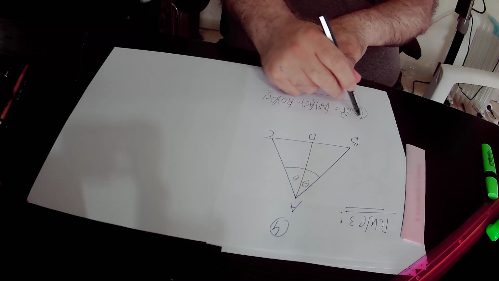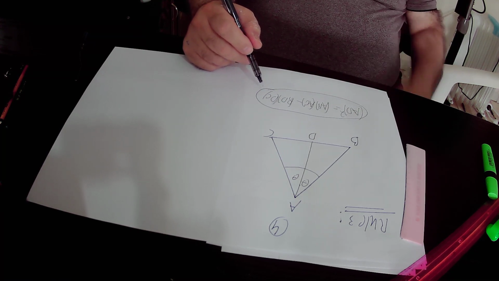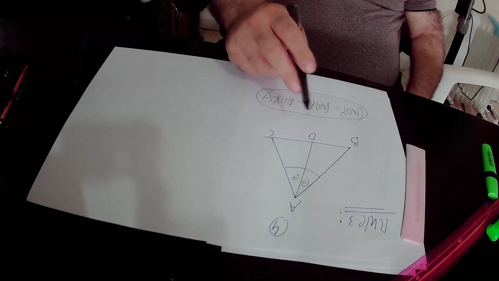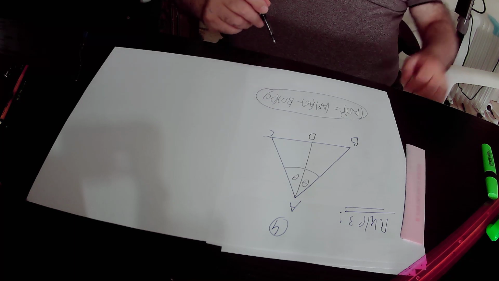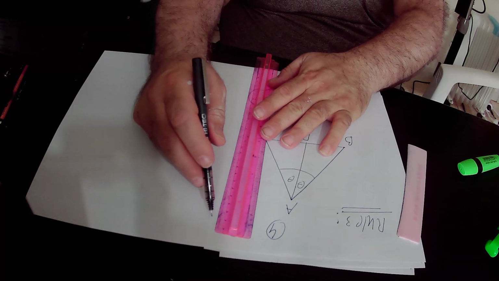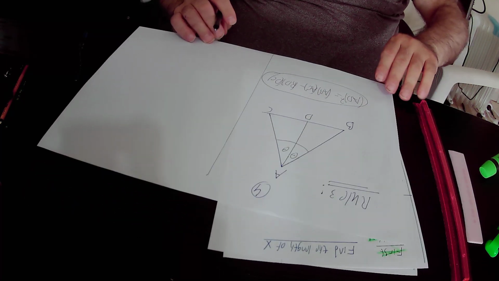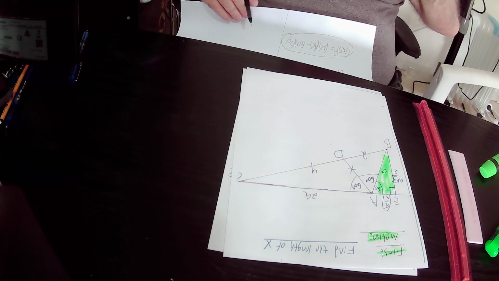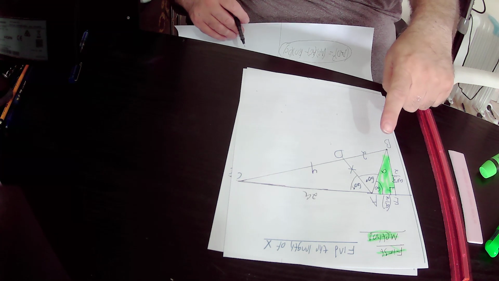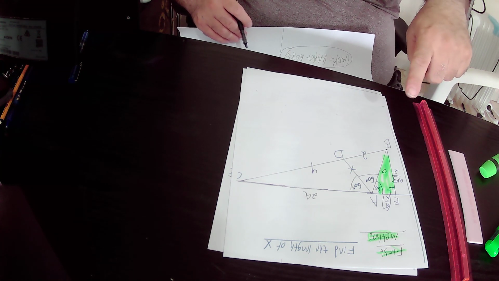I'll repeat again. When we have in triangle ABC the angle bisector AD, then AD squared equals AB times AC minus BD times DC. We can implement this in triangle ABC only because we have side AD, that is angle bisector in triangle ABC.